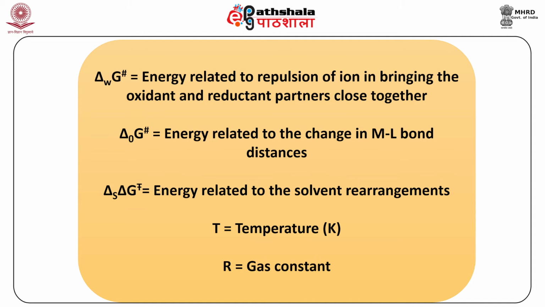Since the oxidant and reductant species are distant, the energy required to bring them closer is denoted by delta Wg, while delta Og is the energy related to the change in the metal-ligand bond lengths. Adjusting the metal-ligand bond length needs some energy, and that is denoted by delta Og.